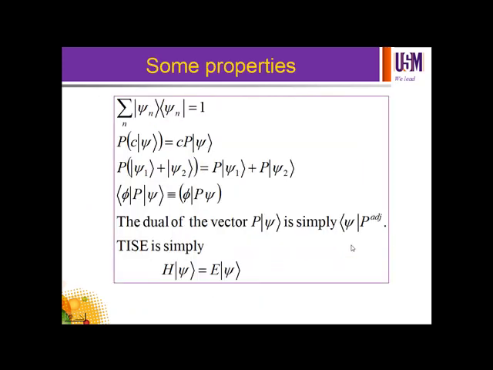Okay, some properties of the inner products. If we interchange the position of the bra and the ket vectors like this, in as many dimensions as we have, it is equal to 1.